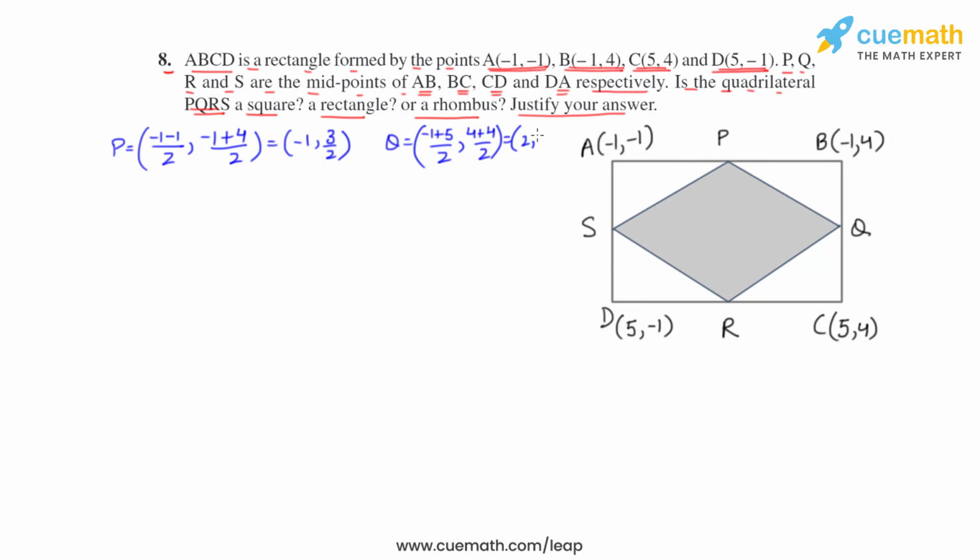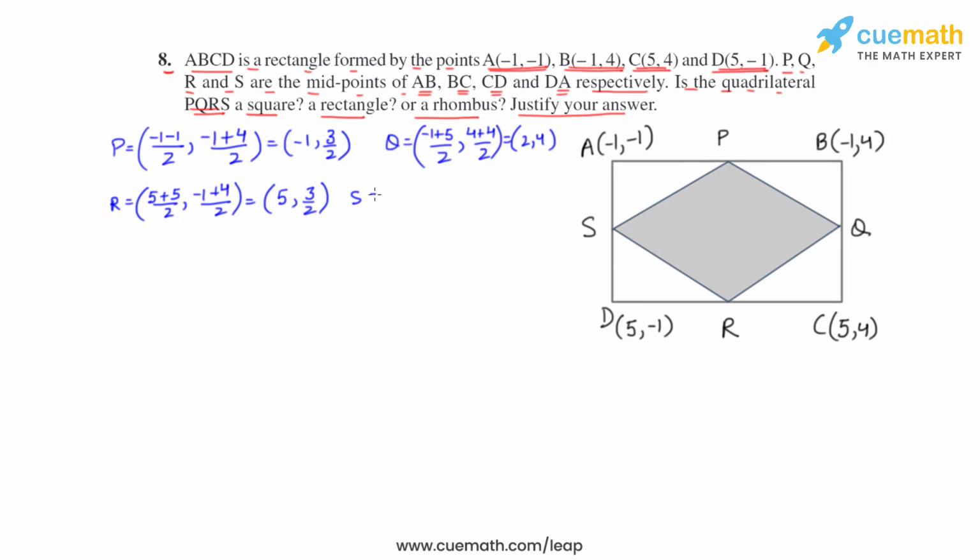that is (2, 4). Then R, (5 plus 5) by 2, comma (-1 plus 4) by 2, sorry, it's -1 plus 4, so it will be 3 by 2.